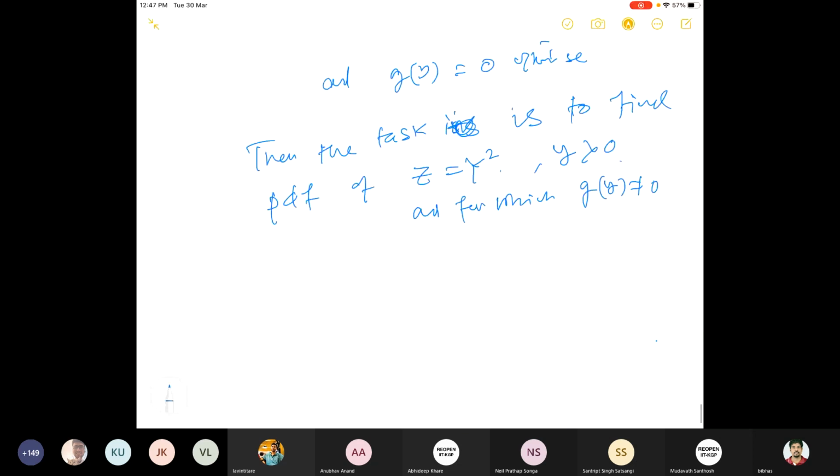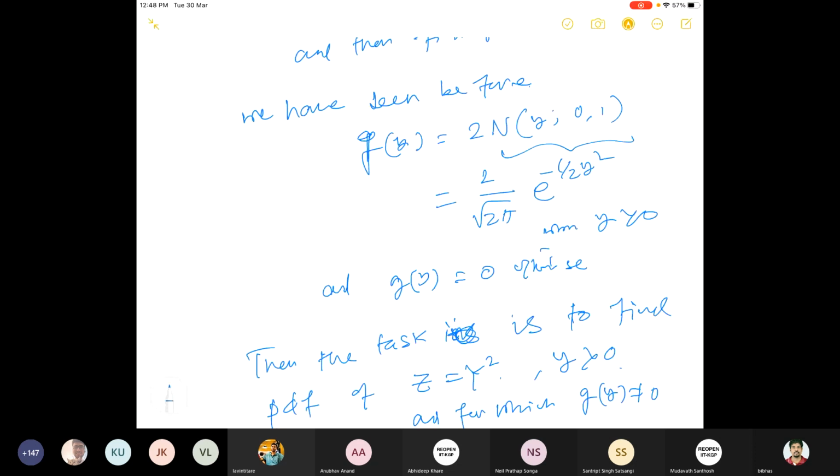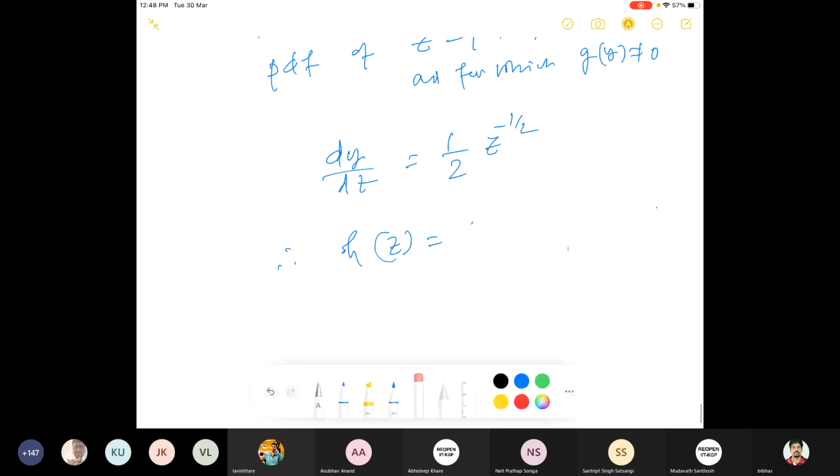Then we can write y equal to the square root of z, and dy by dz is equal to half z to the power minus half, so 1 by 2 root z. Therefore h of z is f of g of y times the mod of the derivative w dash of z.